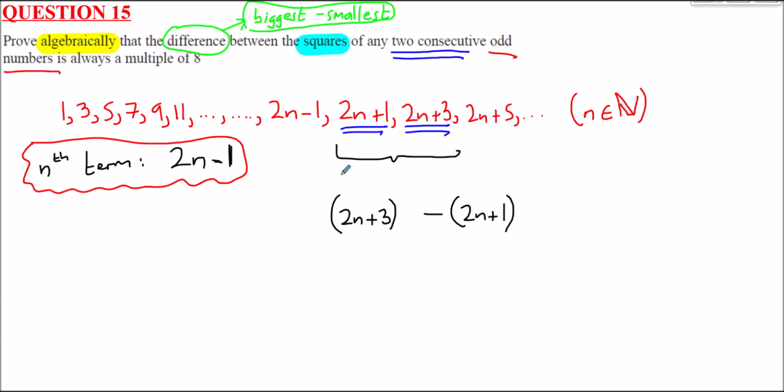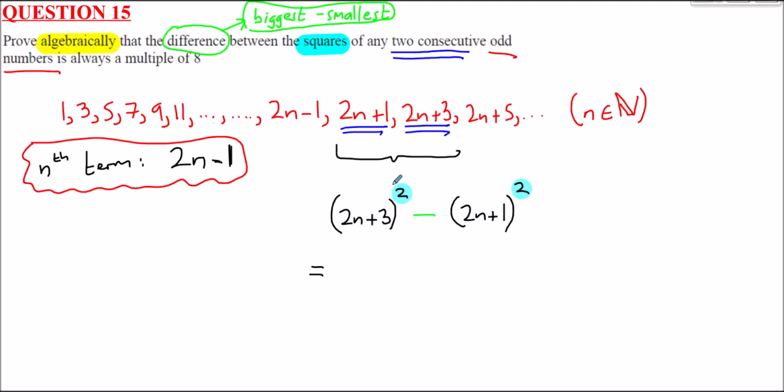However, we're not doing the difference between the numbers themselves, like the question says. We're doing the difference between the squares of the numbers. So it's that one squared minus this one squared. In my opinion, the hardest part of the question is interpreting it correctly in terms of what we need to actually do. If you can get to this stage, the rest of it isn't so bad.